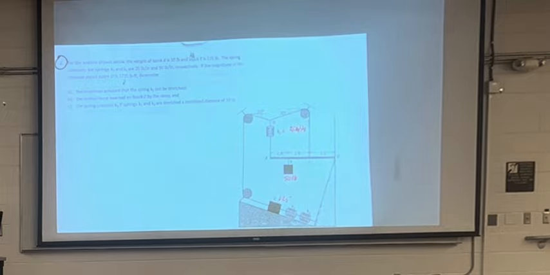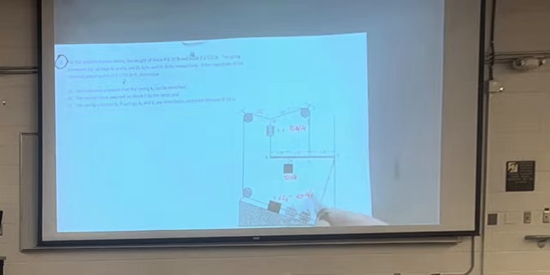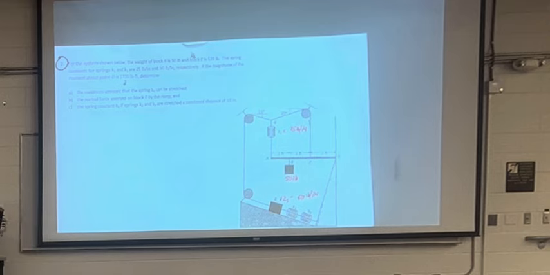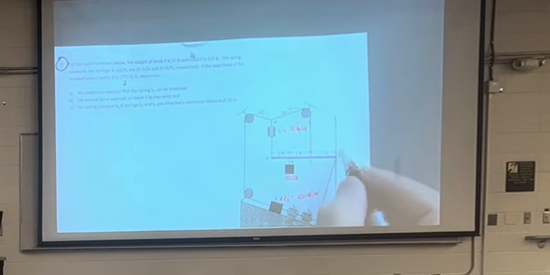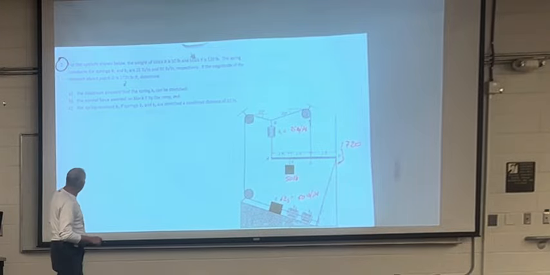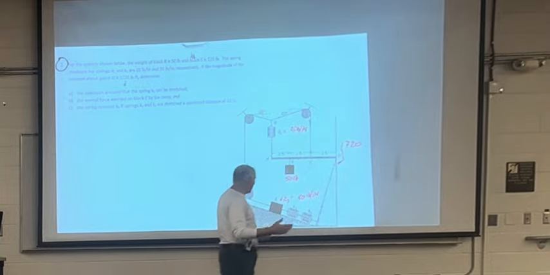And K2, which sits right here, is 50 pounds per inch. Great. Then I have a moment, 1720 at D. That's all the information I have.